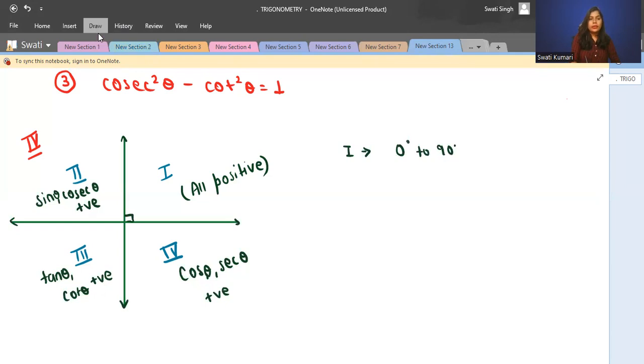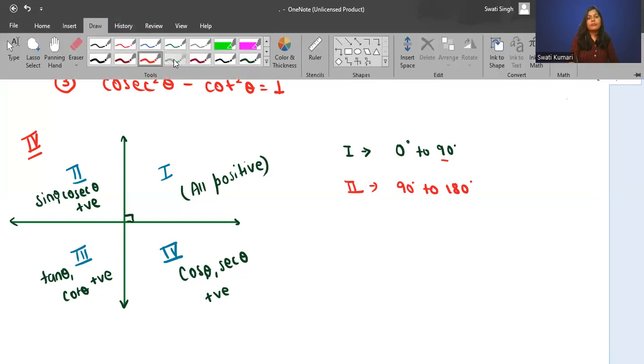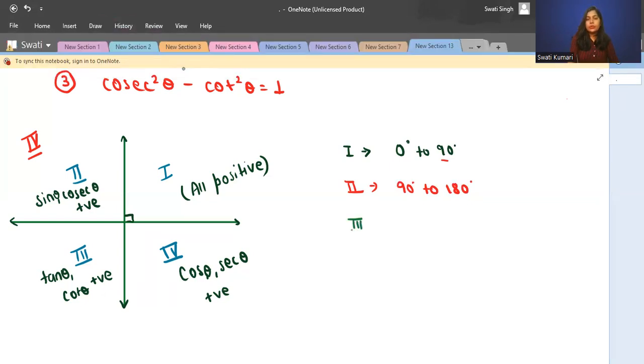In the second quadrant, the angle varies from, as you can see, the last angle of the first quadrant is 90 degrees. So the second quadrant starts from this one, that is 90 degree to 180 degree. The third one will start from 180 degree, of course, so that is going to be from 180 degree to 270 degree.